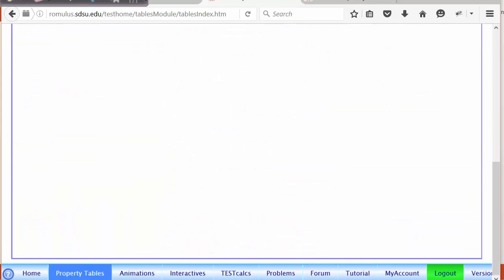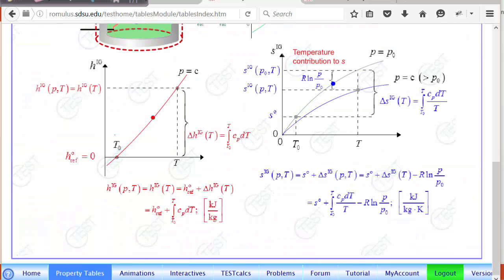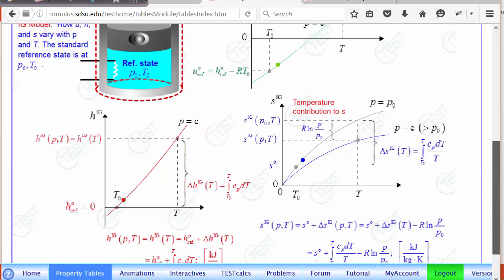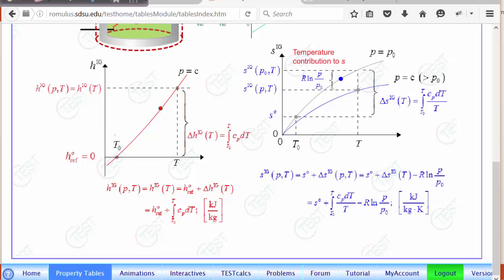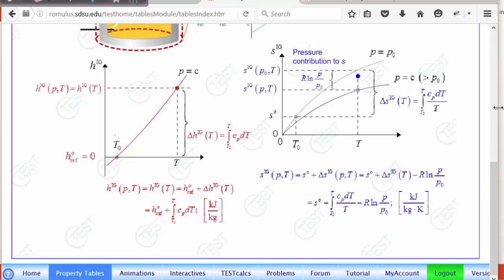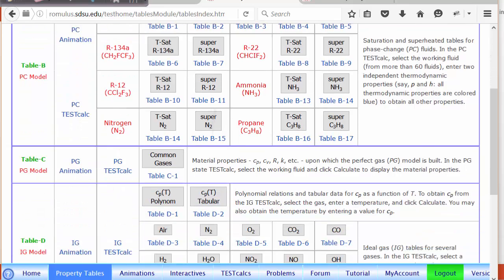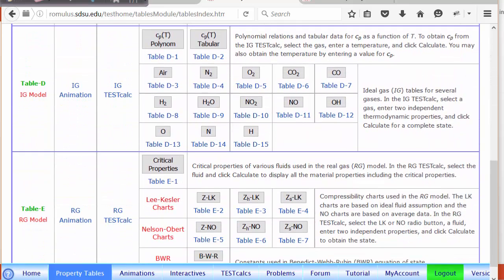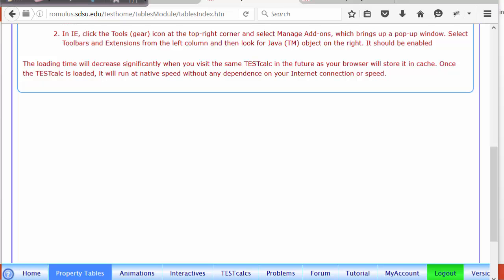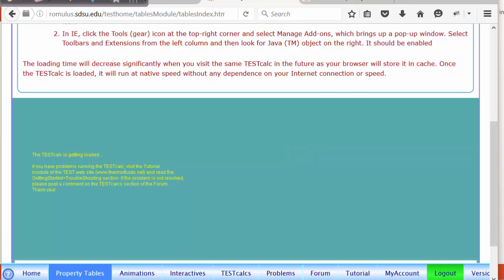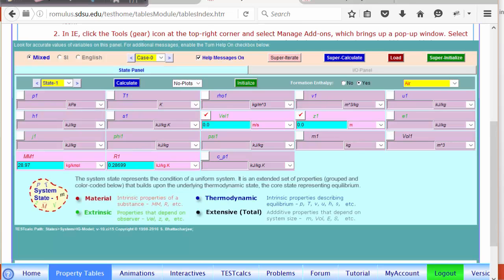And by the way, if you click on the animations here, you can see what we just now covered: how the enthalpy of an ideal gas varies with temperature is shown here, and how the entropy change is shown here. So instead of the animation, let's launch the ideal gas model test calcs. Just click on that cell and the test calc will get started.